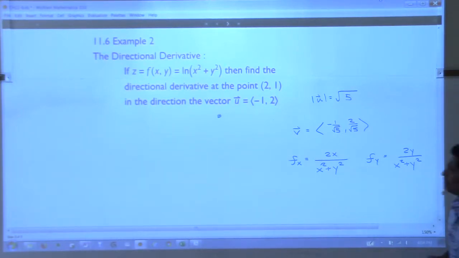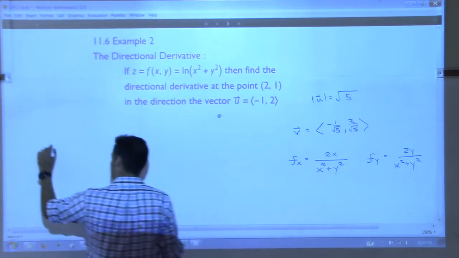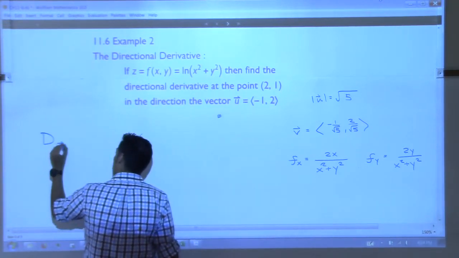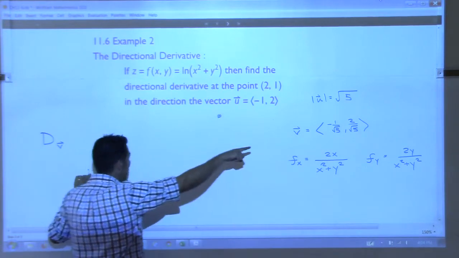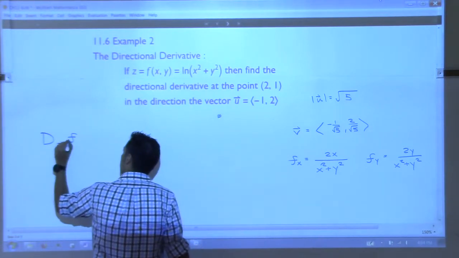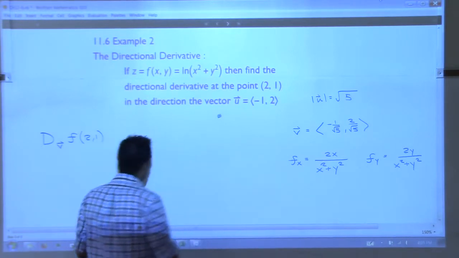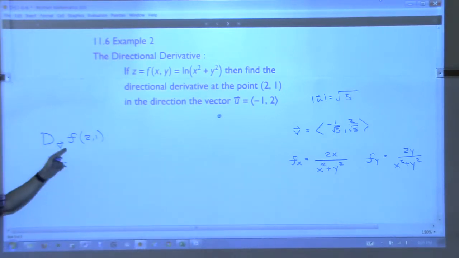Let's go ahead and write down everything we want here. We want the directional derivative in the direction of the vector v, because we're not going to use u, we're going to use v, of the function at the point (2, 1). That's what we want, right?